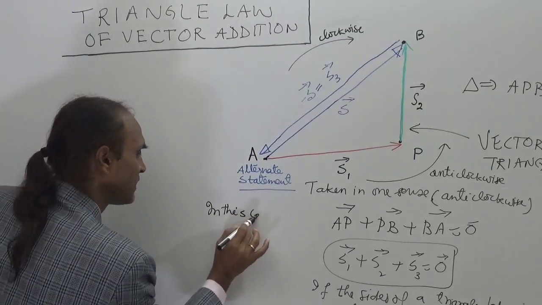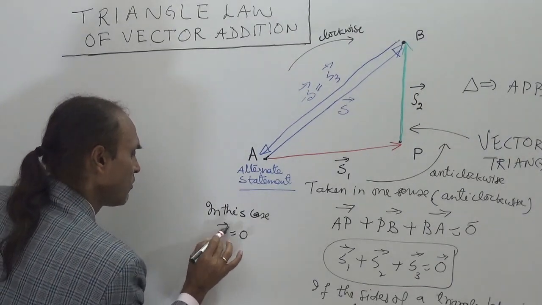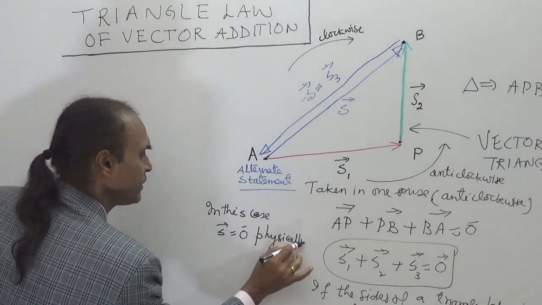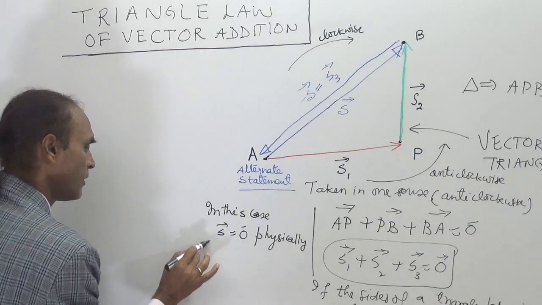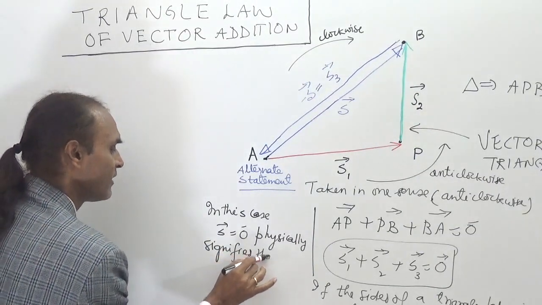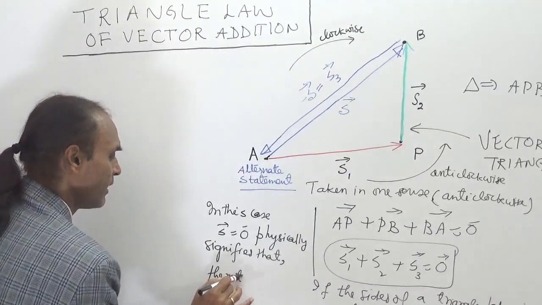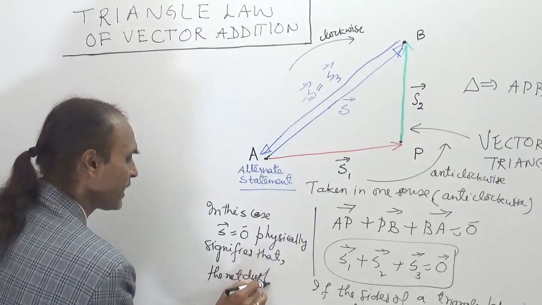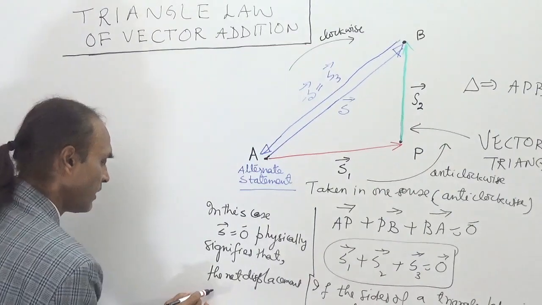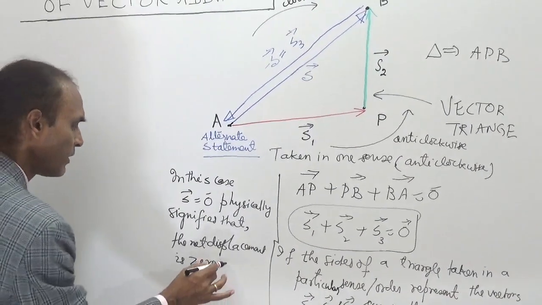In this case, S equal to 0 physically signifies that the net or the resultant displacement is 0. So what does it mean physically?